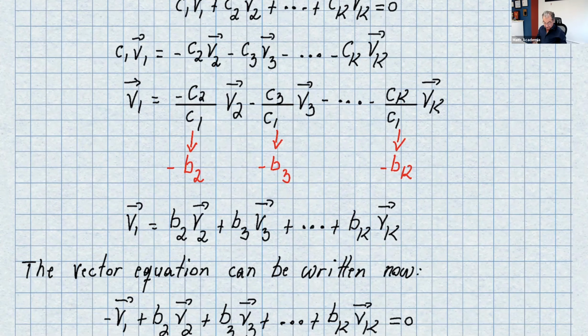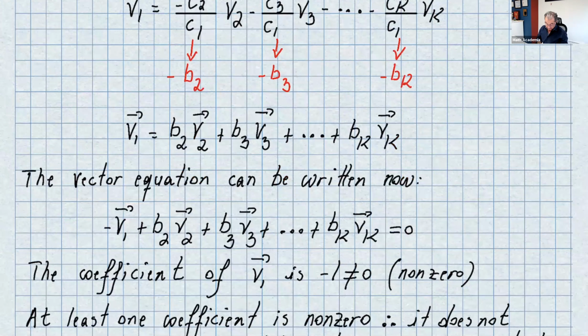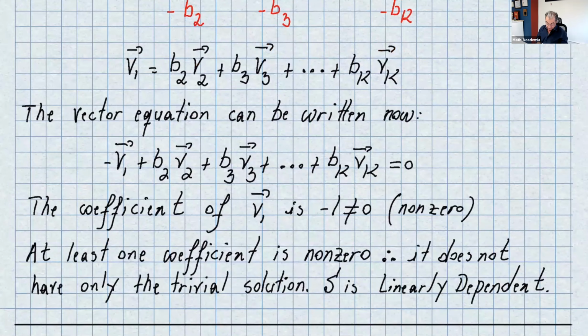So if we take everything to one side, write negative v1, and put it equal to 0, we do obtain that vector equation or the homogeneous system. If you look at that, the coefficient of v1 now is negative 1 and is not equal to 0.